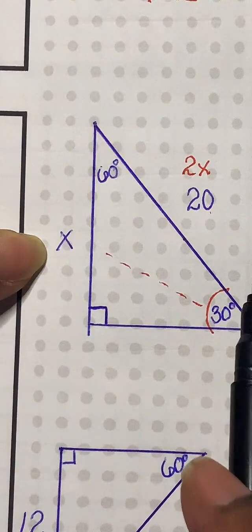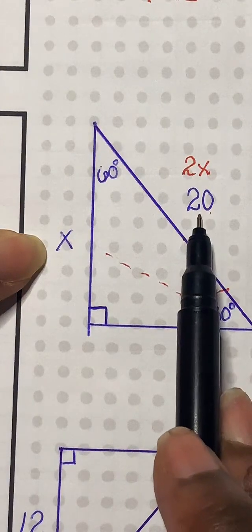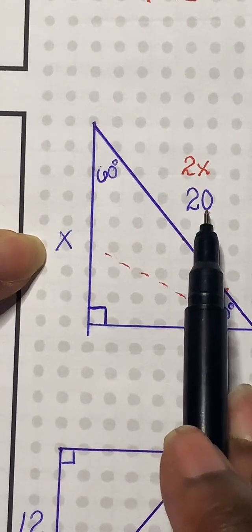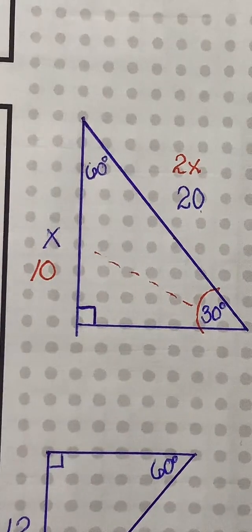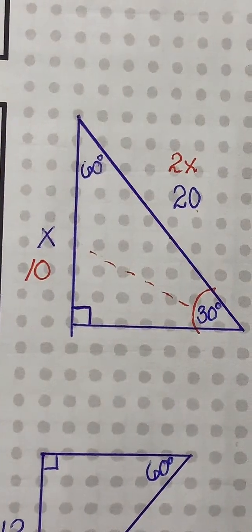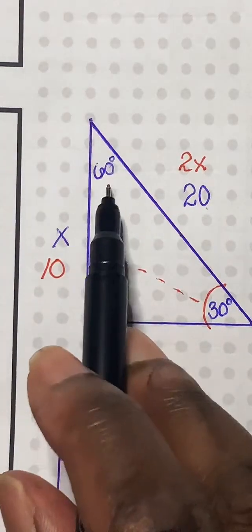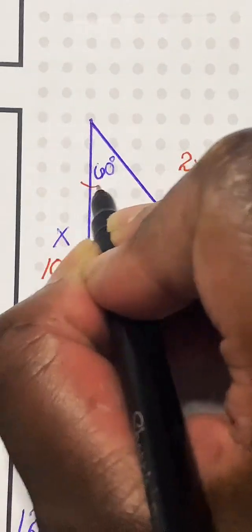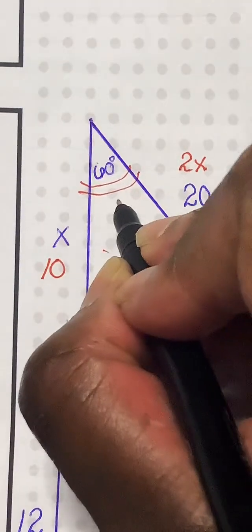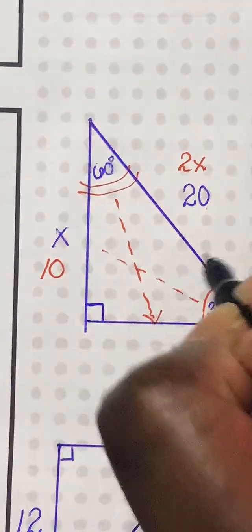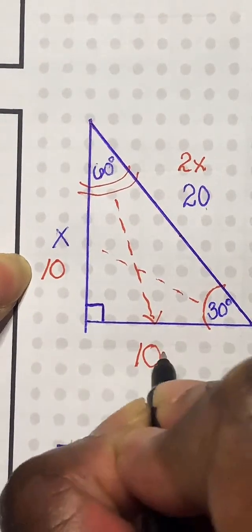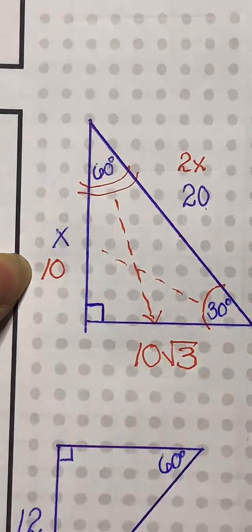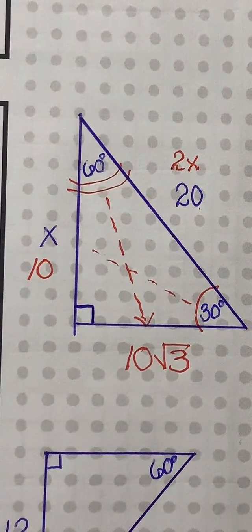So as Victor mentioned earlier, if we take 1/2 of the hypotenuse, we will get our smallest side, which gives us 10. So now C4 is telling us that the 60 degree angle, which is right here, and the side directly across from it is going to be 10 square root of 3. Okay, good.